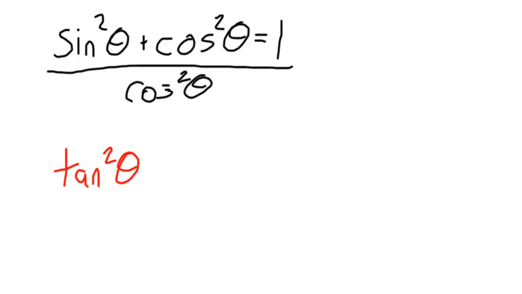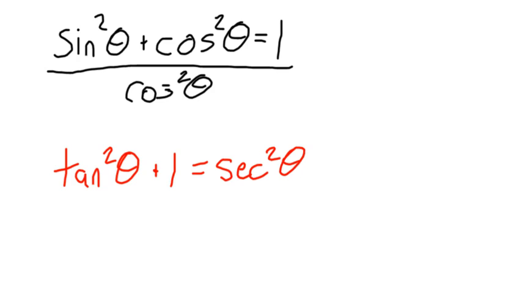Cosine squared theta divided by cosine squared theta, anything divided by itself is just 1. And 1 divided by cosine squared theta. Remember, cosine corresponds to secant, so 1 over cosine squared theta is secant squared theta.